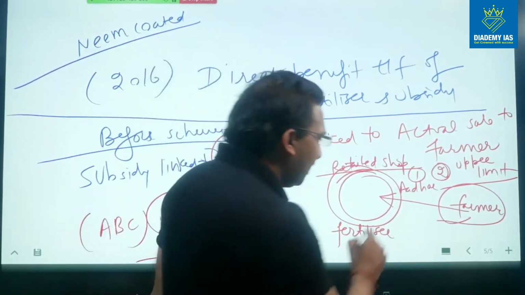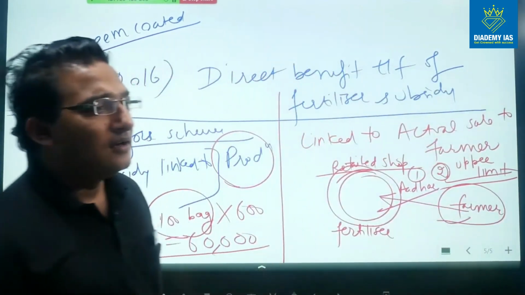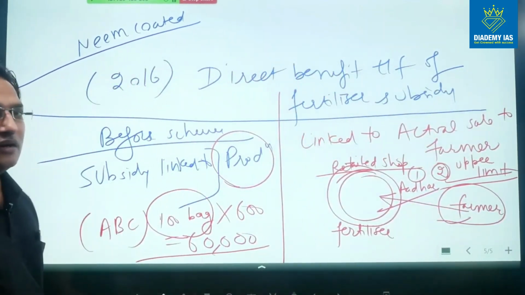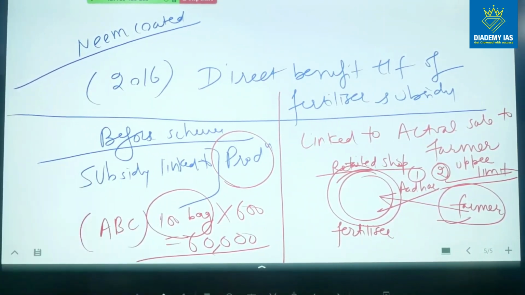But this identification through Aadhaar and the upper limit, these two systems are being applied, and the diversion of the fertilizer is being controlled through this scheme. So these are various efforts being taken by the government. So let us see now.